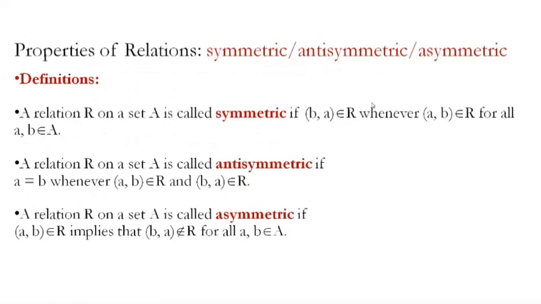Next is symmetric, antisymmetric, and asymmetric. These are the properties that we popularly use in computer science. If you want to represent an algorithm in a research paper or in any document, you cannot completely write the algorithm.